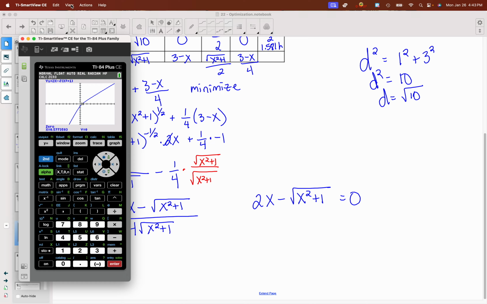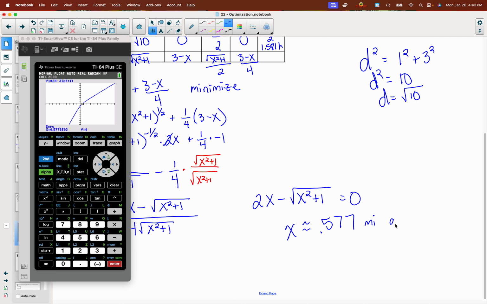And looks like we get x is approximately, if I go 3 decimal places, 0.577. And that would be miles along the shore to minimize the time.